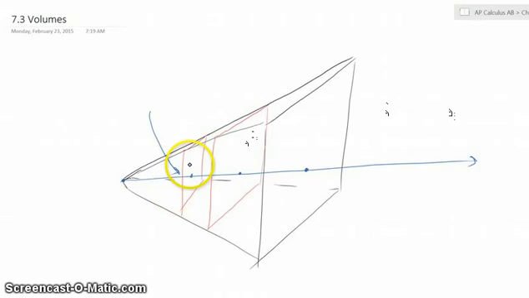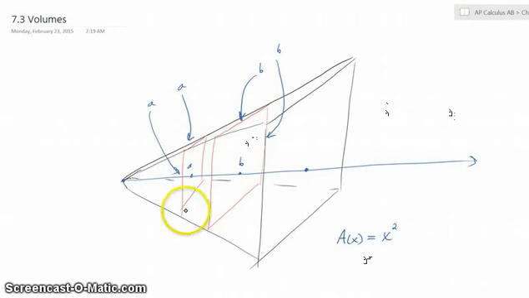So if we're at A on the x-axis here, then the side lengths are A and A. And if we're at some other value B on the x-axis, then the side lengths of the cross-sectional slice are B and B. So we might be able to say then that the area of each cross-sectional slice as a function of our position on the x-axis is given by x squared, since wherever we are on the x-axis, the side length of this square is the same as that position.